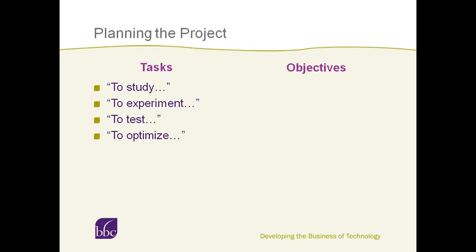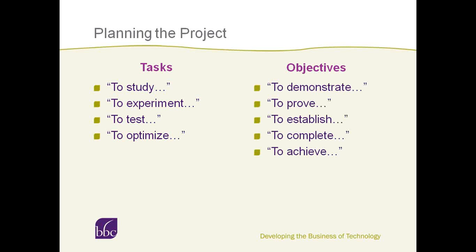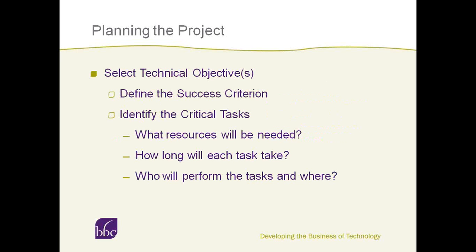If I can ask you, how do you know when you're done studying? How do you know when you're done testing? That means you're telling me a task. You're telling me how you're going to do it, not what you're going to do. Objectives, on the other hand, start with phrases like to demonstrate, or to prove, or to establish, right? So that is the achievement that we're trying to reach, right?